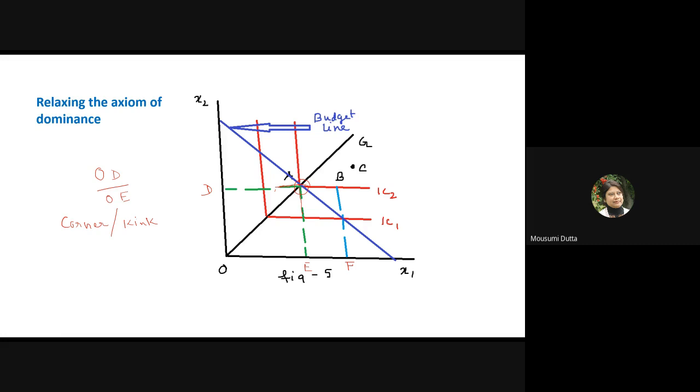Next, here the commodities are complementary to each other. For example, 1 cup of tea requires, say, 1 spoon of sugar.